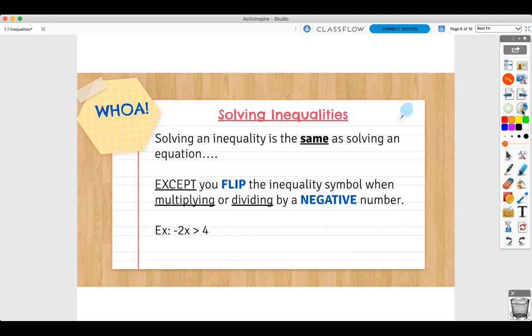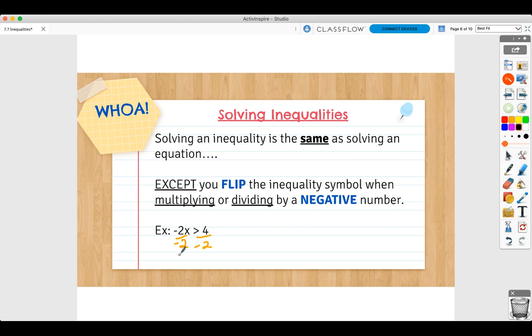All right. So solving an inequality is the same as solving an equation, except you flip the inequality symbol when multiplying or dividing by a negative number. Not just multiplying and dividing by a number, it has to be a negative number. So for instance, in this example, when you solve it, you're dividing by -2 using inverse operations.